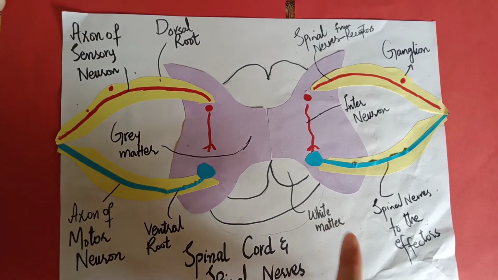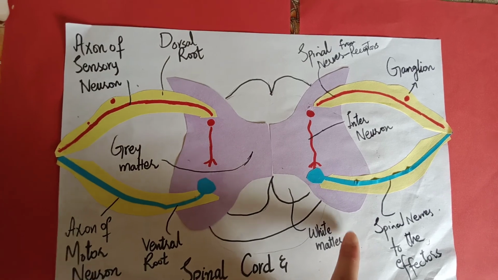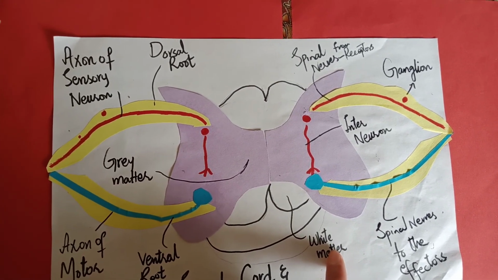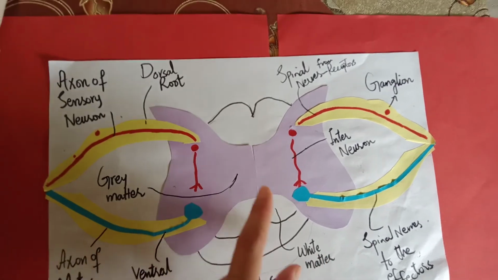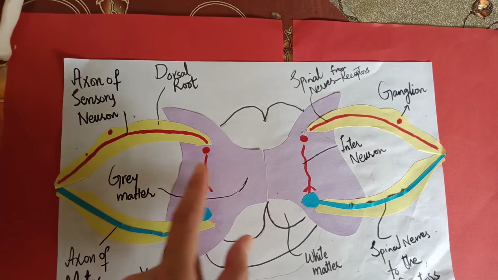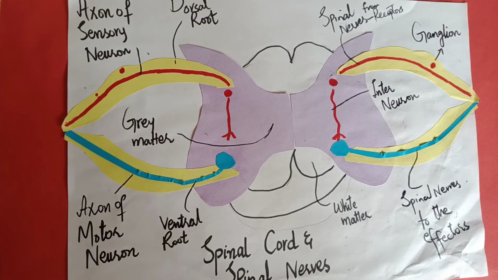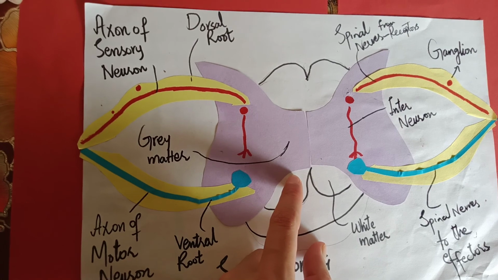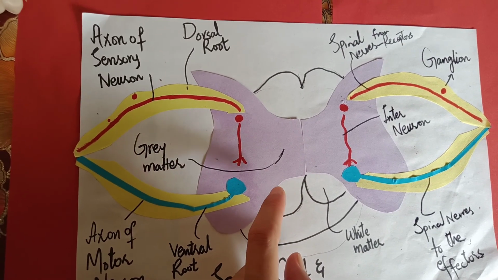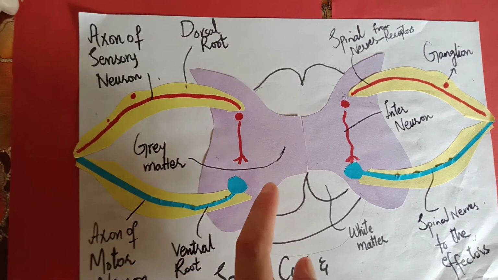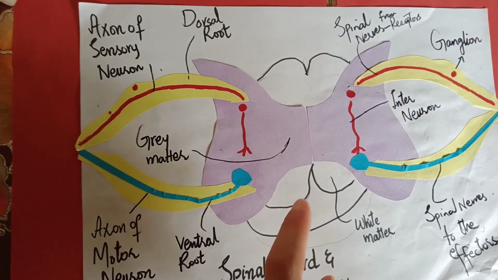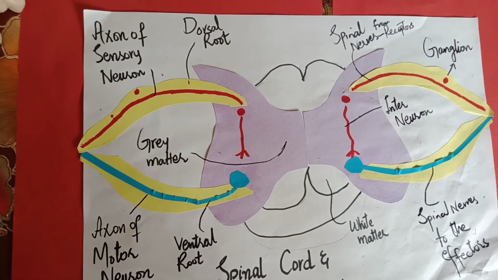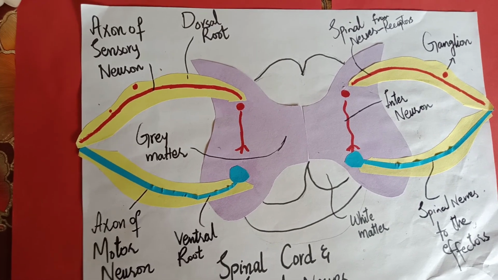The outer part of the spinal cord is made up of white matter containing myelinated axons. The central part is gray matter, and it is butterfly shaped and surrounds the central canal. It is made up of gray matter containing neuron cell bodies. 31 pairs of spinal nerves arise along the spinal cord.